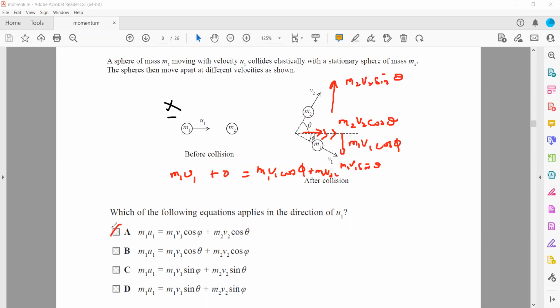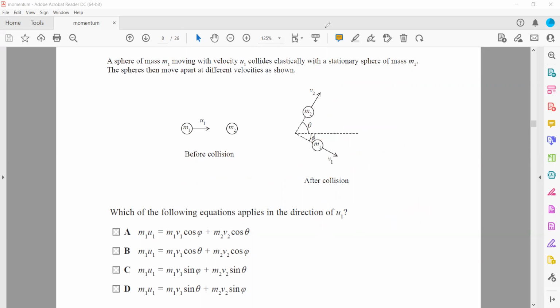So it matches with option A, because we need it in the direction of u1. u1 is in the x direction, so we just take the component in the x direction. We don't have to bother about the y direction.